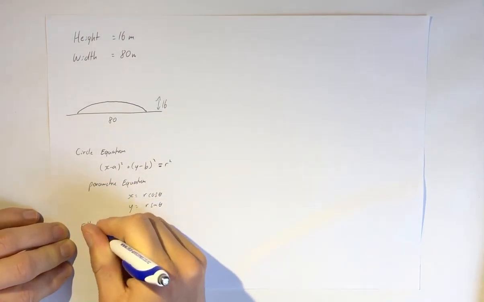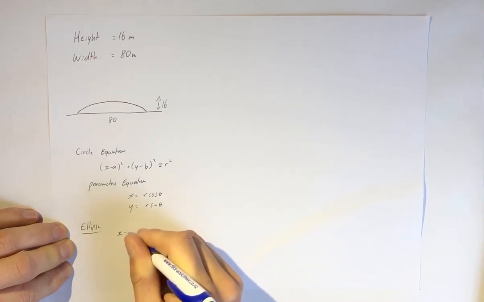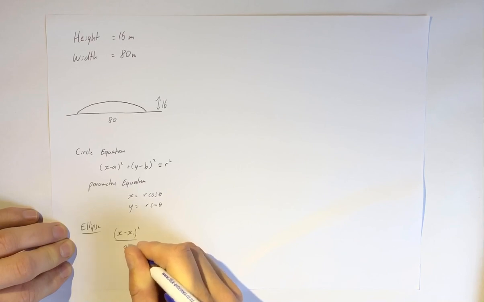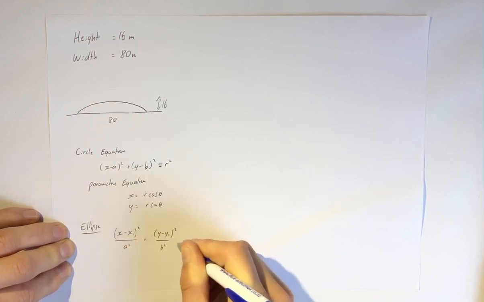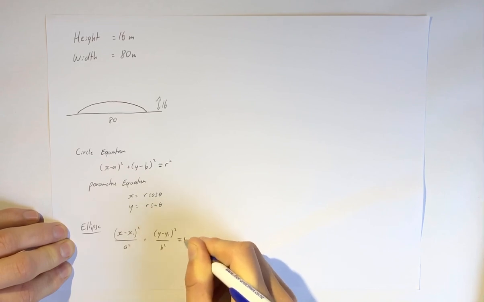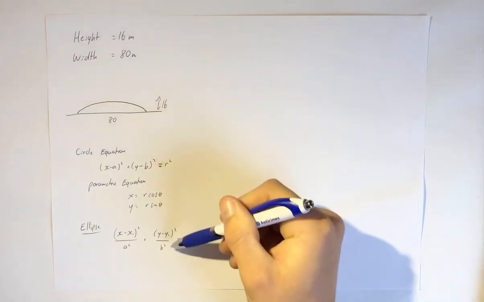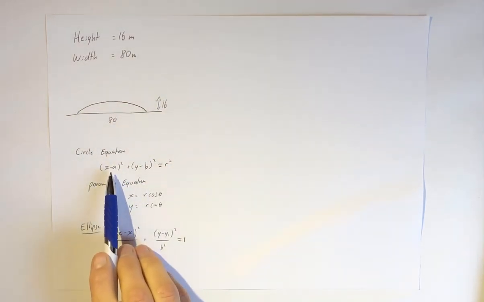We also have the ellipse, and that had a center at (x minus x1) squared over a squared plus (y minus y1) all squared over b squared, and that gave us 1. Don't get confused between these a's. They're totally different, right? That's a circle centered at a, b.